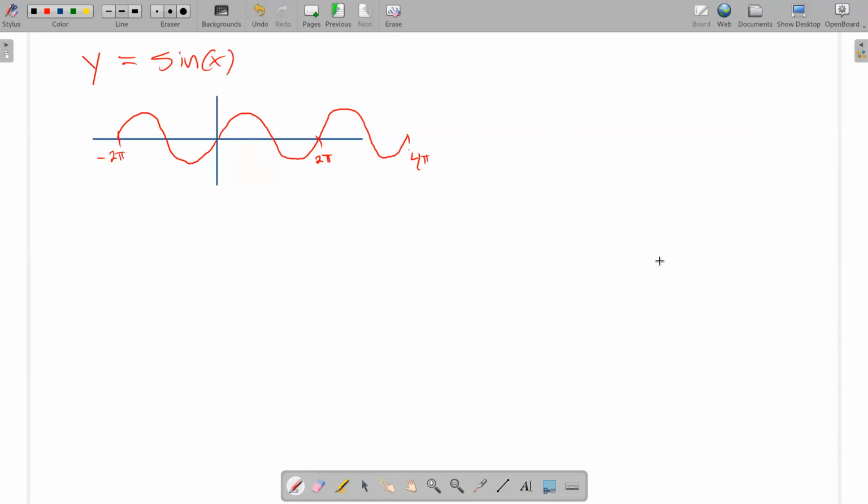So what I want to do is redraw it and then erase some of it, until it is one-to-one, until it passes the horizontal line test. Okay, so let's make a note of what we're going to do. Erase part of graph until it is 1-to-1, that is, passes the horizontal line test.